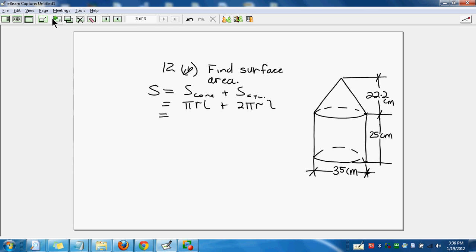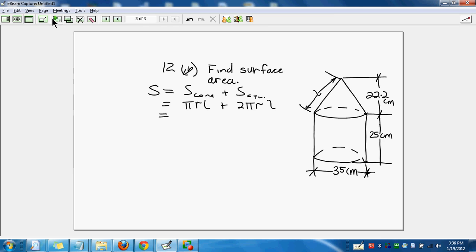Now, in the diagram, they did not give us the slant height of the cone, which makes it even more interesting. They didn't give us the slant height as part of our information, which we need to get the surface area of that cone. So we would have to use some technique to generate that slant height.